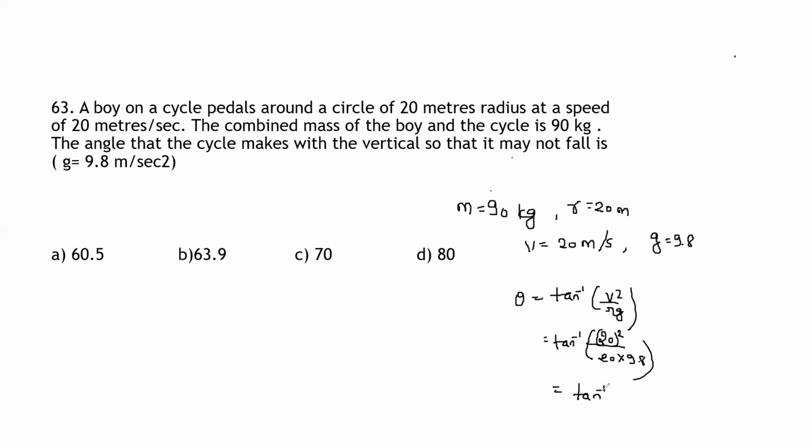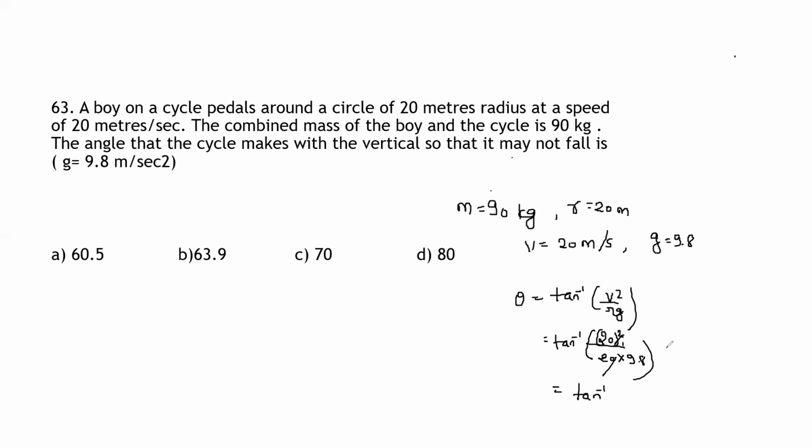If you simplify this, that is 20 square divided by 20 into 9.8. If you take 9.8 or 10, a small change in the value you will get. Okay, 20 square divided by 20, so you can cancel here, 20 will get cancelled. So it is 20 divided by 9.8.